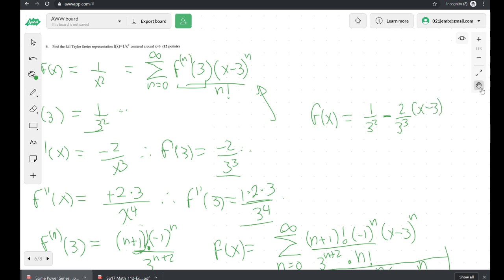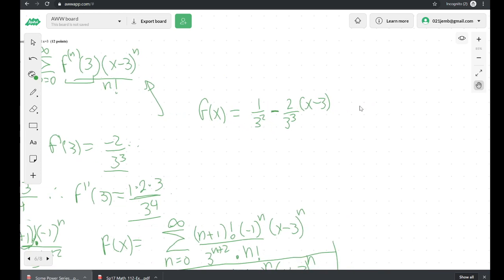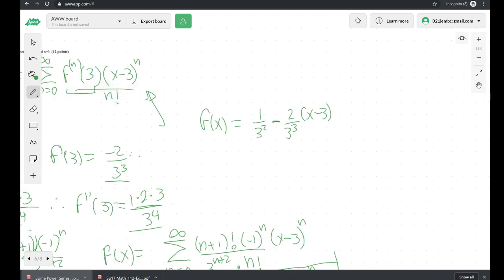And we keep on doing that. The next term will be plus 3 times 2, which is 6, or we could say 2 times 3 to the first over 3 to the fourth. That will simplify as 1 over 3 to the third times x minus 3 squared over 2 factorial. And then minus that, to infinity.